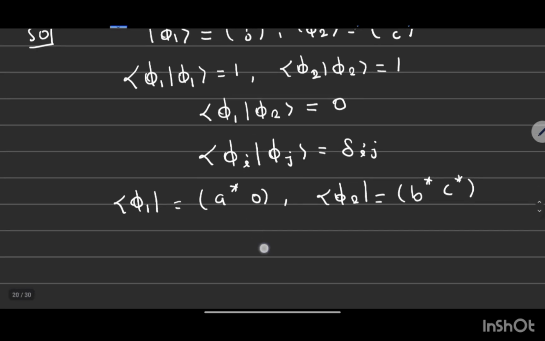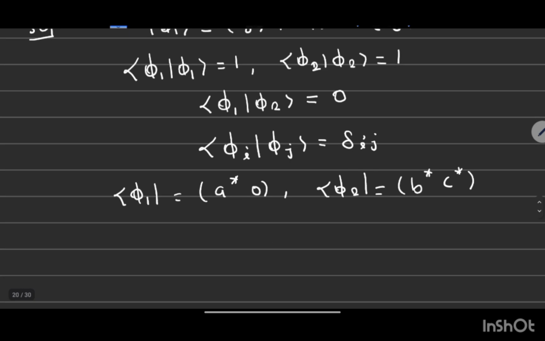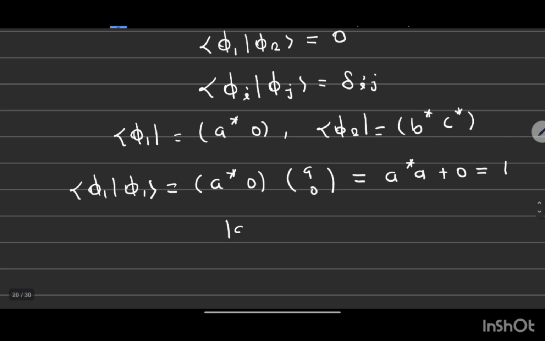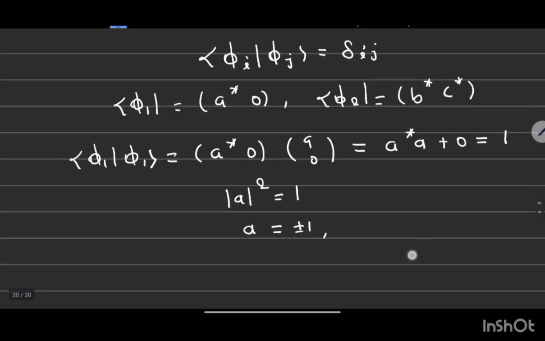At first, using this property, we'll find the value of A. The inner product of phi1 should give us 1, and that is A star 0 times A 0, which gives A star A plus 0, which should be equal to 1. So mod A squared should be equal to 1. So A should be plus or minus 1. This should be the value of A.